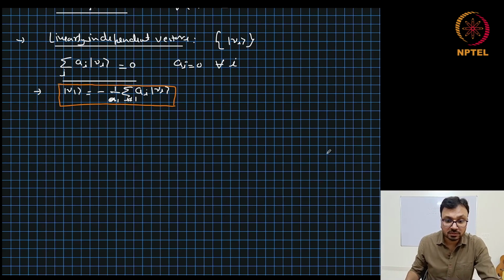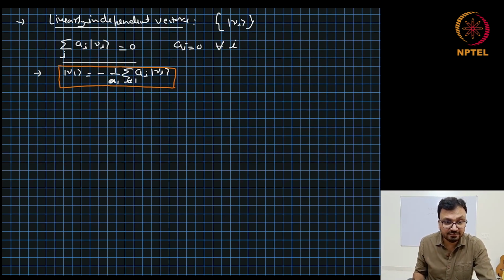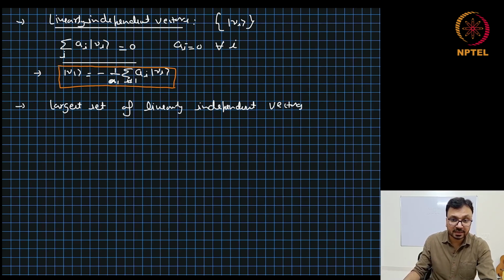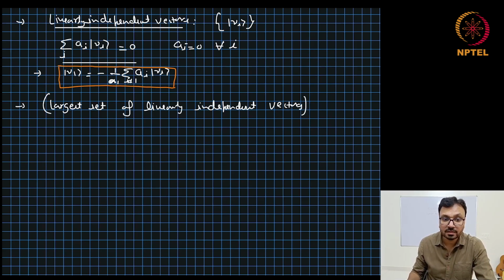So what is the significance of this? If we get the largest set of linearly independent vectors in a vector space, then the cardinality of this set is called the dimension of the vector space.